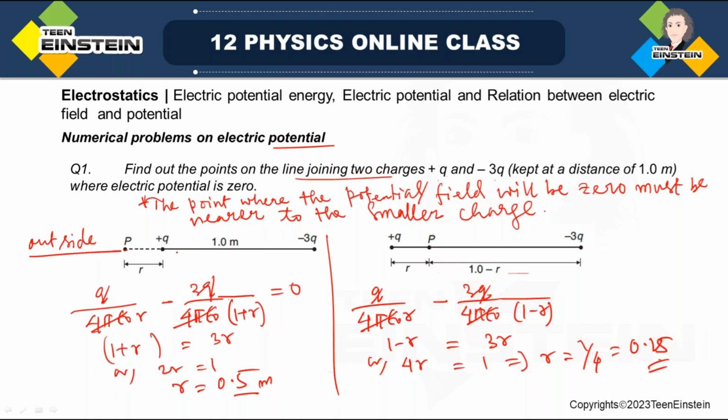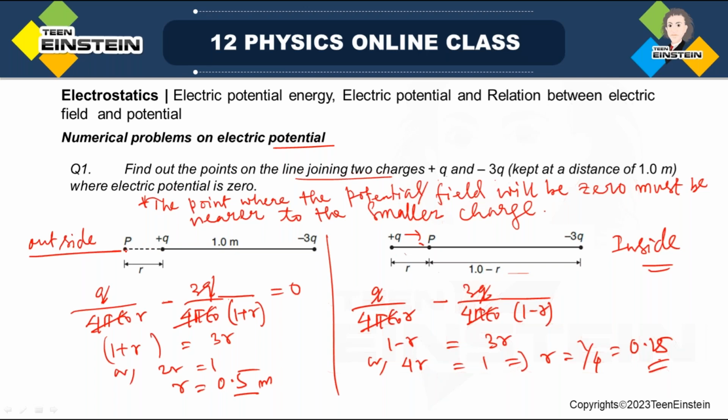Okay, so this is towards the right of the positive charge, and this is towards the left of the positive charge. So this is the thing.